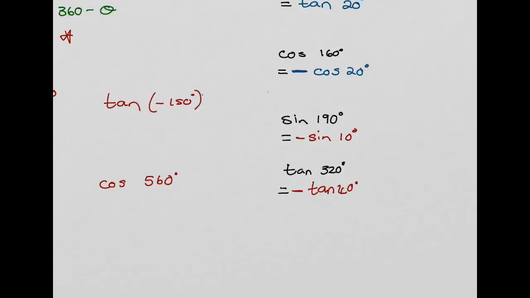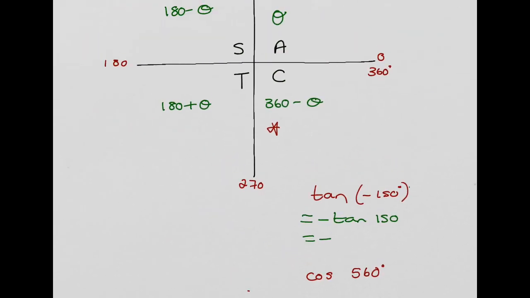All right, just two additional questions. If we have a negative angle, you're going to first do your negative angle rules. So tan of a negative angle is negative tan of that angle, which then we're going to look at the tan 150, which takes us to this quadrant over here, sine's quadrant.